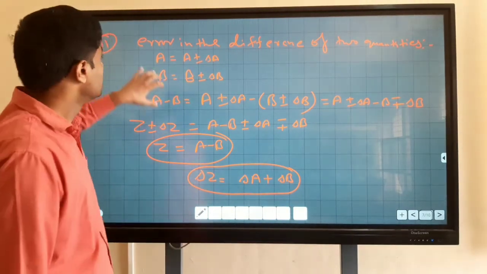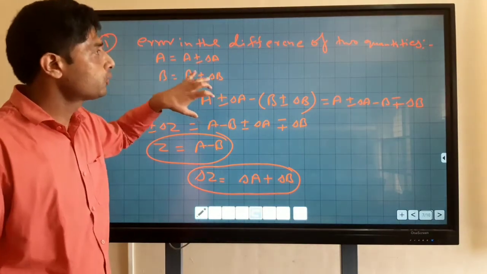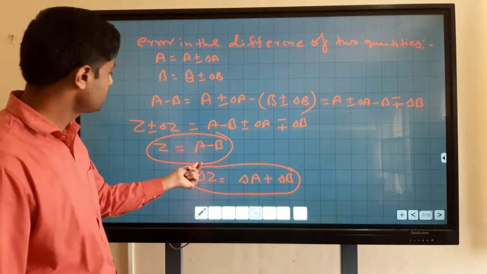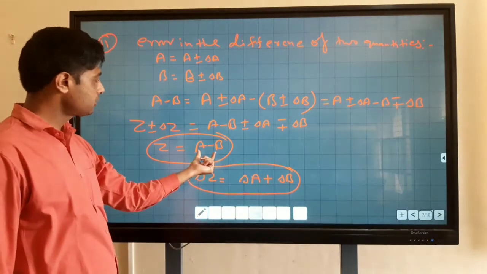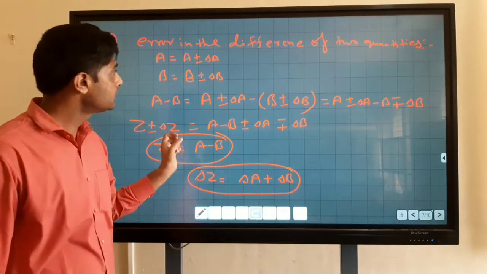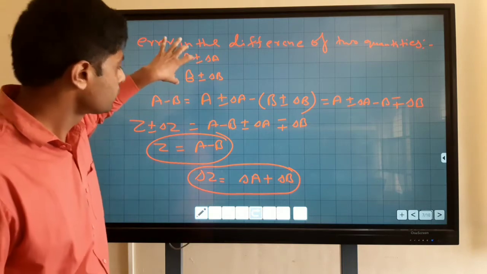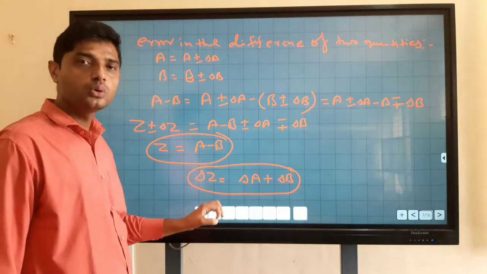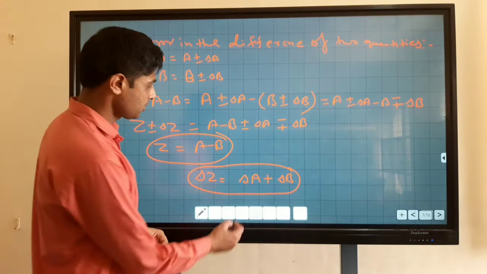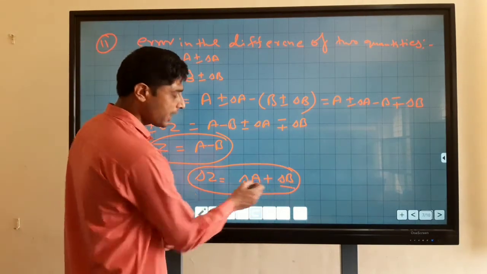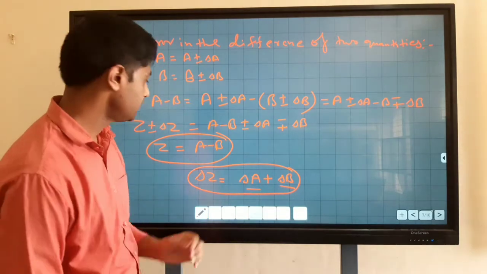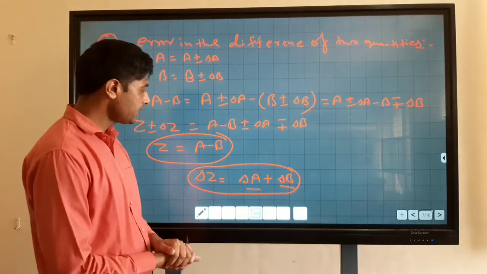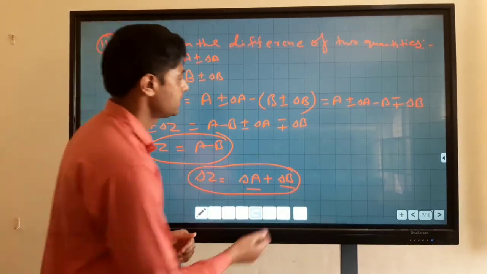So the difference of two physical quantities is equal to the difference of individual quantities, but the error in the difference is equal to the sum of absolute errors. Del Z equal to del A plus del B.